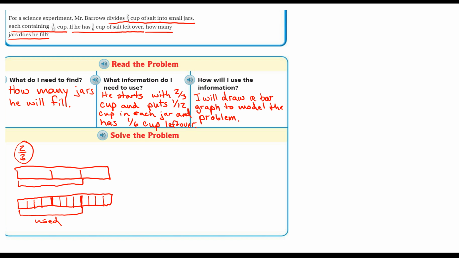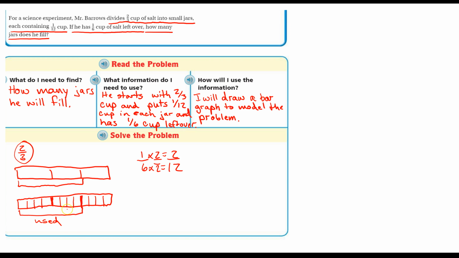Okay. So he has 1/6 left over. So 1/6 is equivalent to how many 12ths? Well, 6 times 2 will give me that 12, so I multiply this by 2, and that gives me 2 12ths.